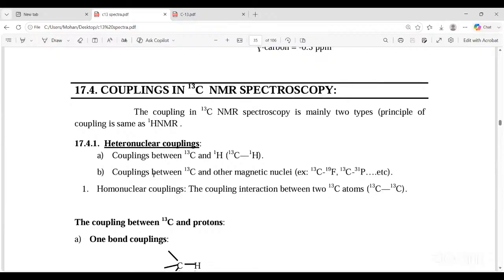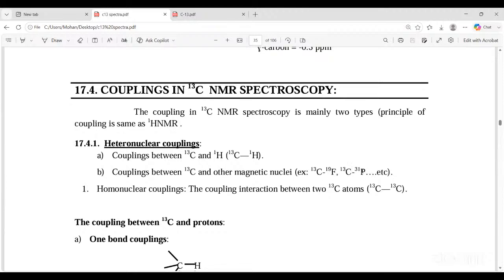The next category of heteronuclear couplings seen in the C13 spectra is the coupling between carbon and other magnetic nuclei like fluorine, chlorine, phosphorus, and sulfur.